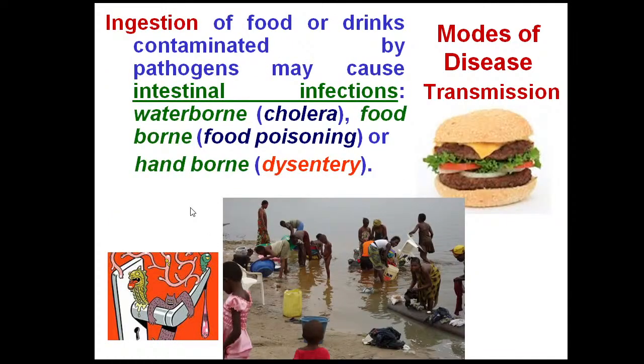So then, ingestion of food or drinks contaminated by pathogen may cause so-called intestinal infection. And they can be waterborne like cholera or foodborne like staphylococcal food poisoning or handborne or flyborne as dysentery.